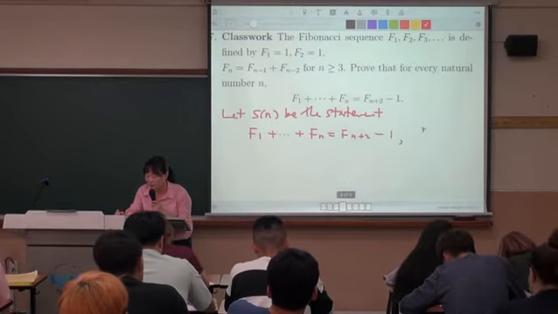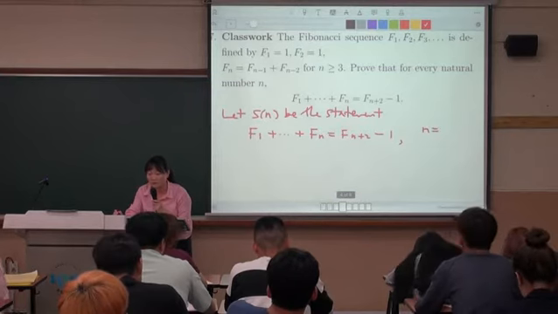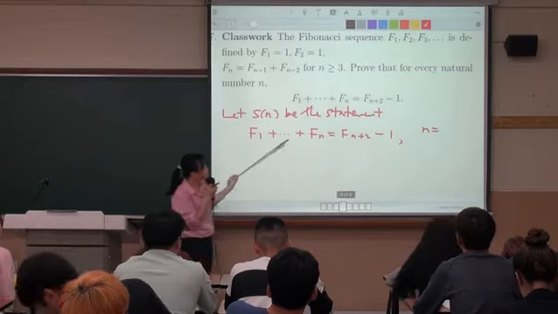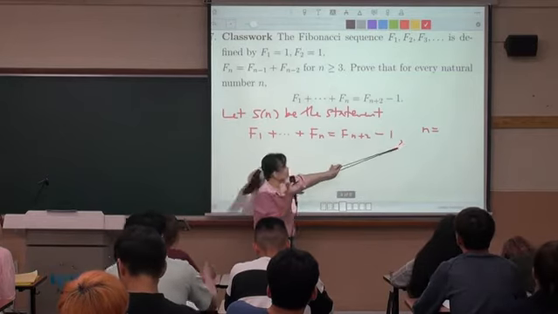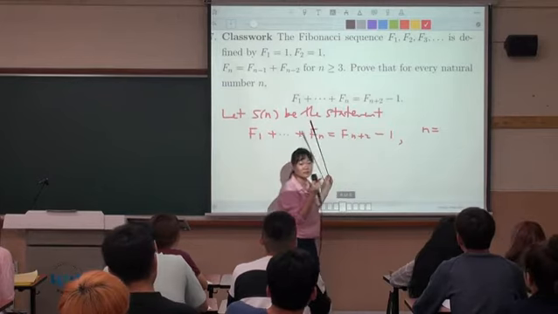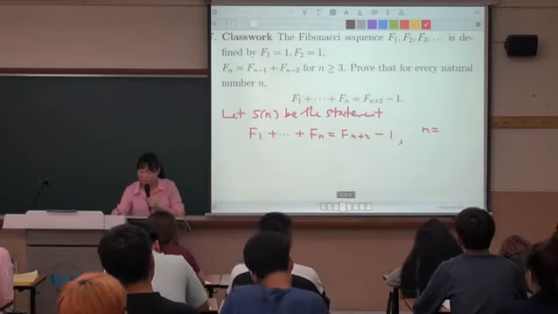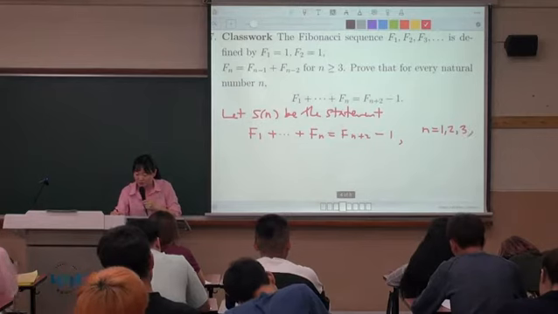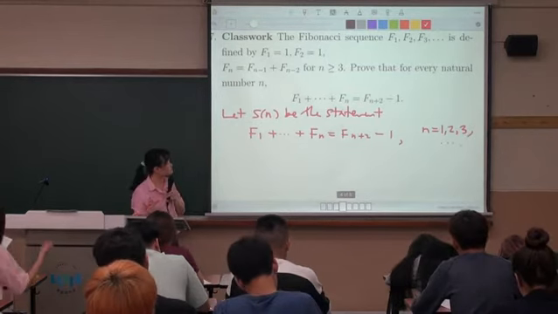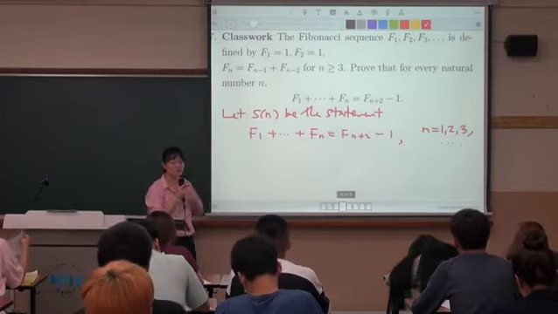For what n? What's the starting number? We have to show this for which n? For every natural number. Right? So n is 1, 2, 3, 4, etc. We have to show this, right? Yeah.